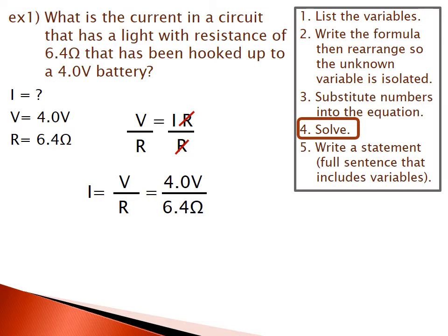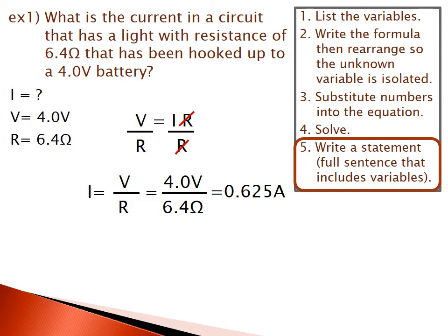So 4 divided by 6.4 equals 0.625. And I was looking for current, so I have to make sure that I put an A after the 0.625. Note that every single time I write a number, I need to have a unit behind it. I is always measured in amps, V is measured in volts, and R is measured in ohms, so I have to put that omega sign.